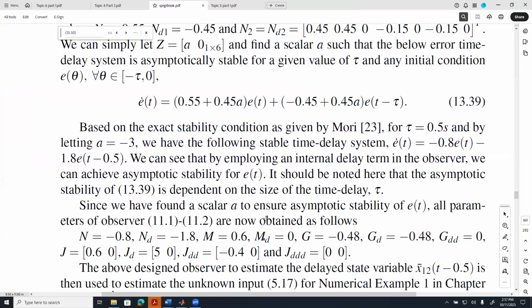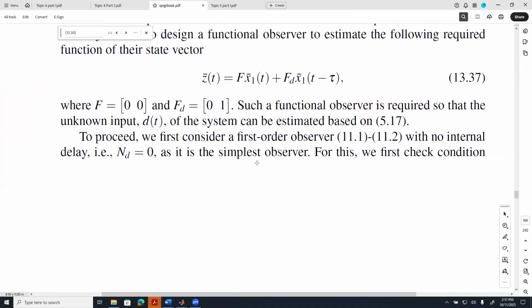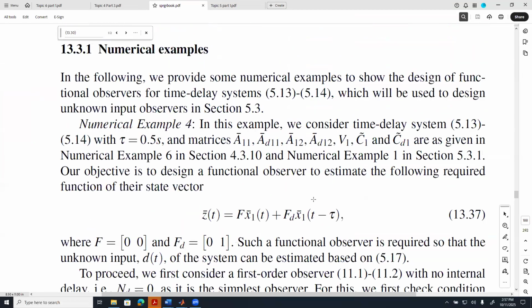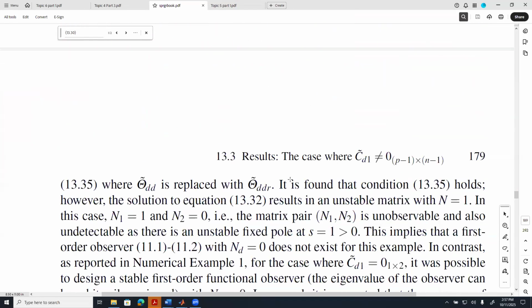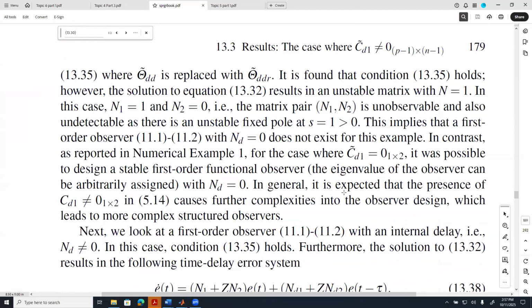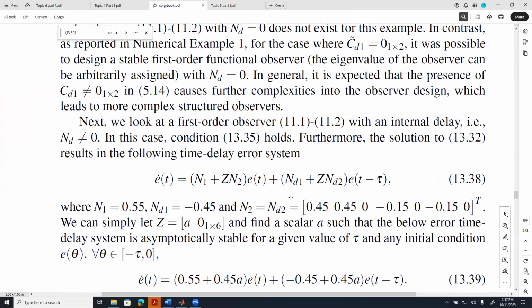So we have done the design of a delay stack observer to estimate directly. And it's an observer that uses the internal delay. It's a bit more complex, but it's still a first order observer.